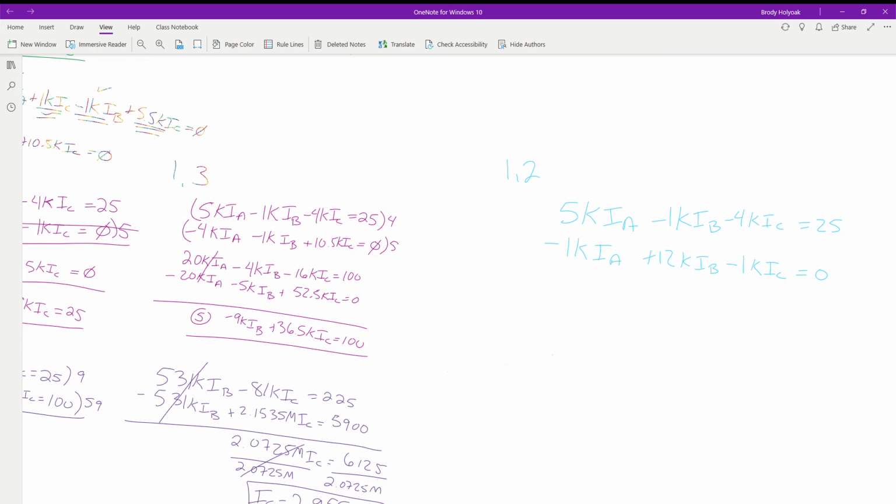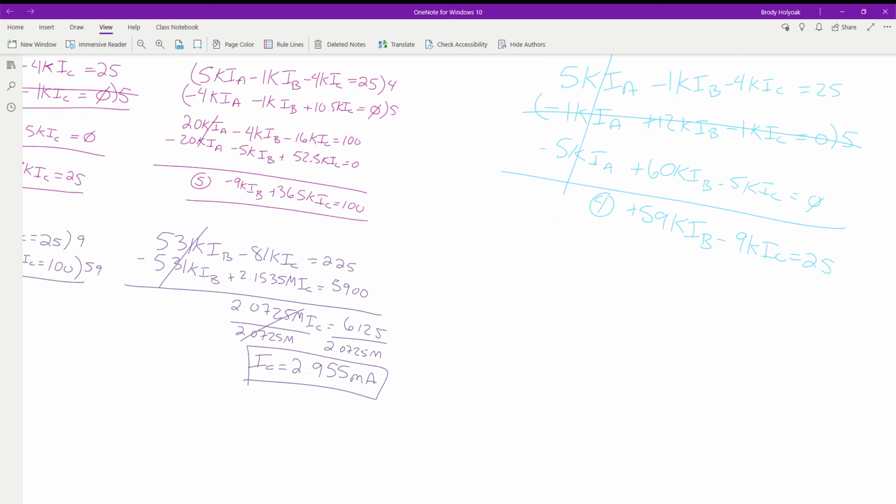Okay, so to get rid of your IAs, we got our 5K IA plus 60K IB minus 5K IC still equal to 0. Those are going to drop off. We good there? Okay, so we'll label this as our number 4.